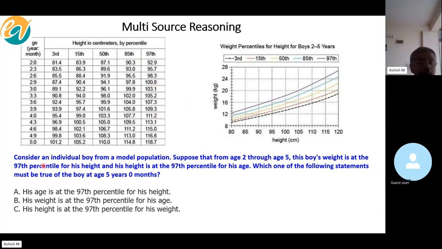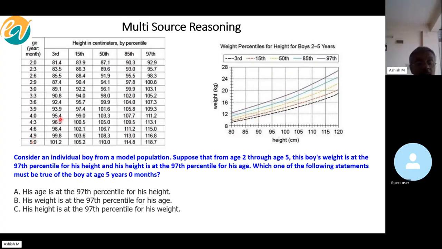We are talking about weight in the 97th percentile, this particular line, right? And his height, now we are coming to height, is in the 97th percentile for his age. Which of the following statements must be true of the boy at the age of 5 years and 0 months?